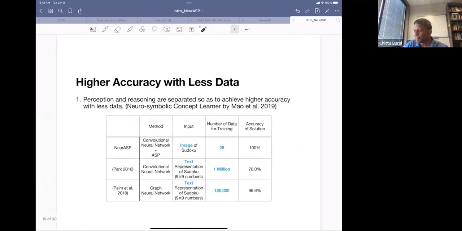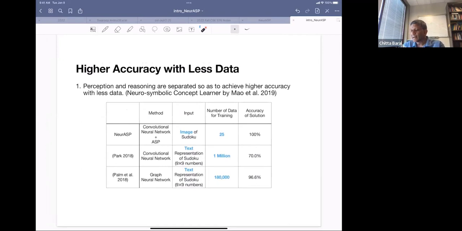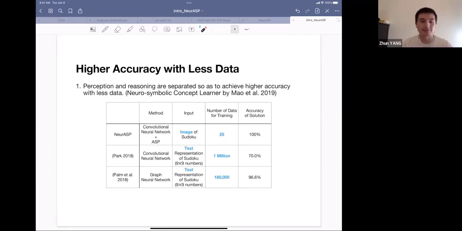And so these are the data. You're saying that with 25 training data you are able to do this. Can you say a little bit more about it? Oh yeah. Although we don't train end-to-end in this example, we just show that we can solve this problem by separating the problem into perception and reasoning parts.